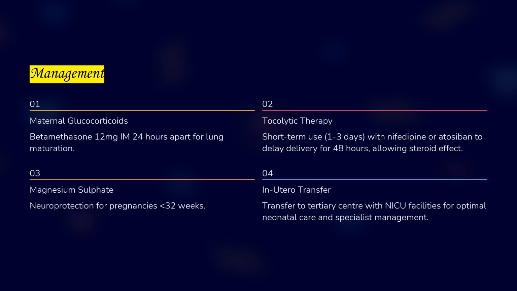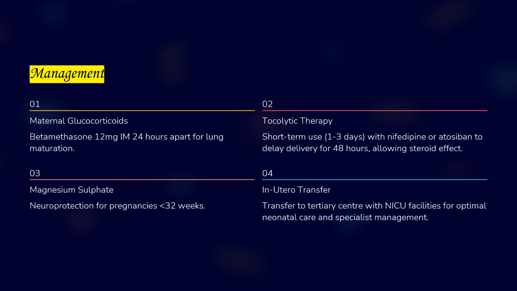Now let's learn about the management. We learned the definition, what is preterm labor, and how to identify or diagnose preterm labor. Now let's see how to manage it. First is the use of corticosteroids.